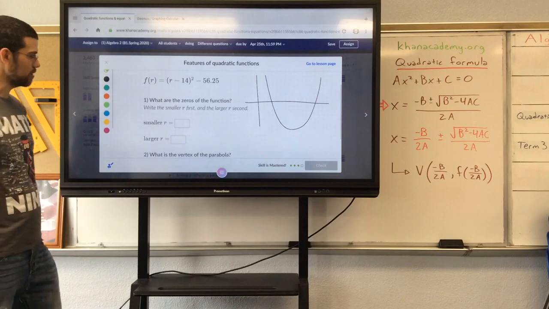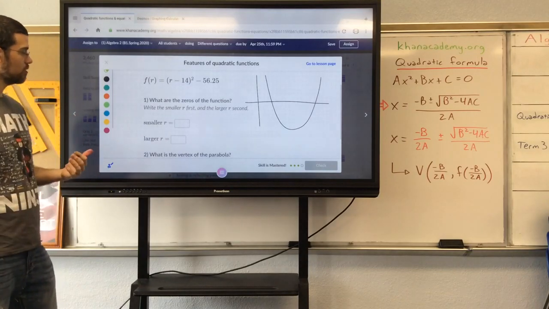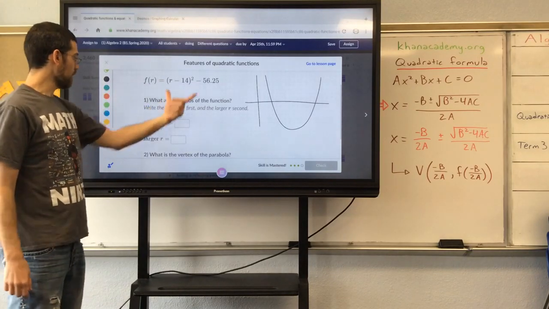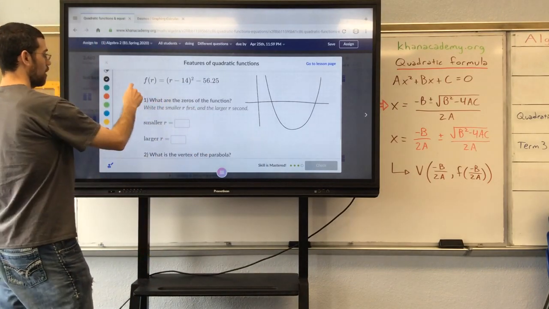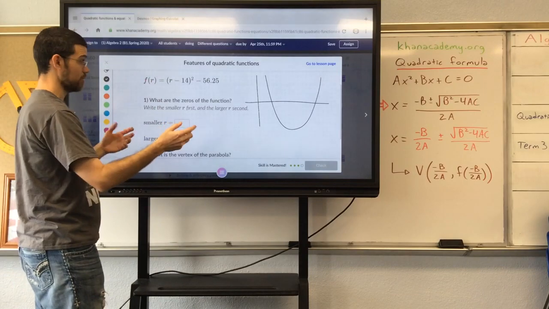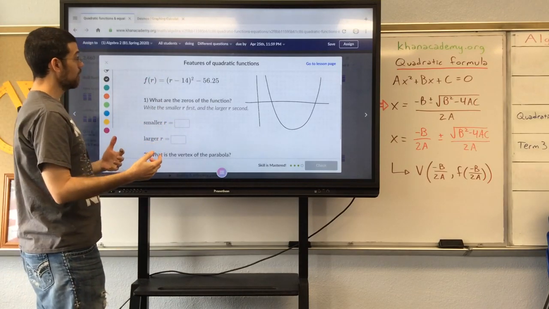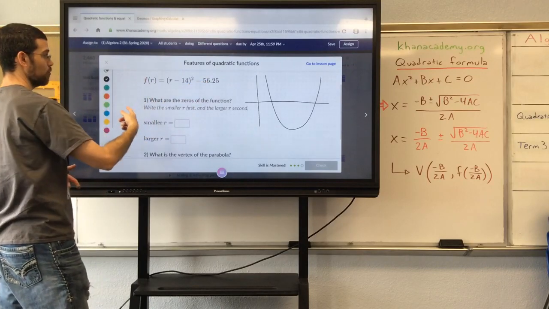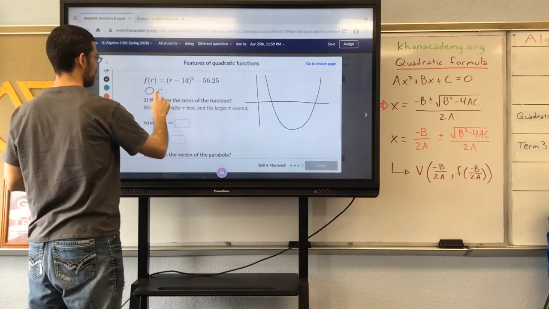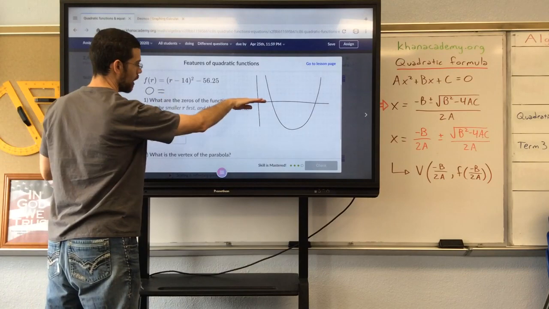So one thing we can do to find the zeros is expand that. We have to change the format around. That's one way we could do it, and then try and factor it. Probably more efficiently, we could add 56.25 to both sides. So we're trying to find zeros. Where's the y value 0?